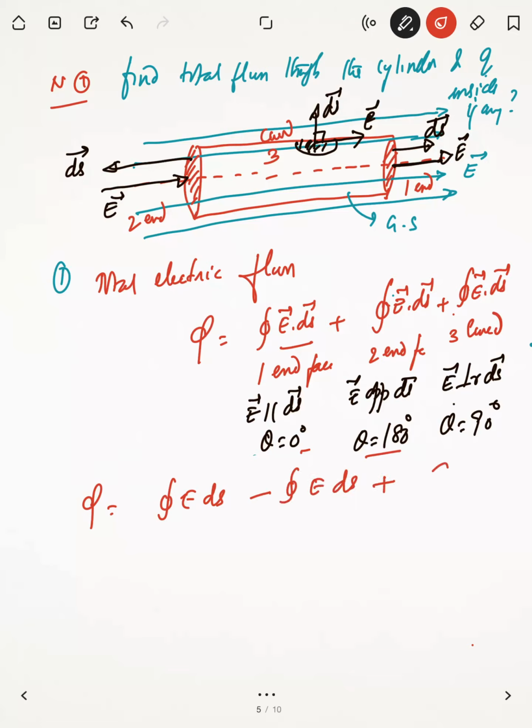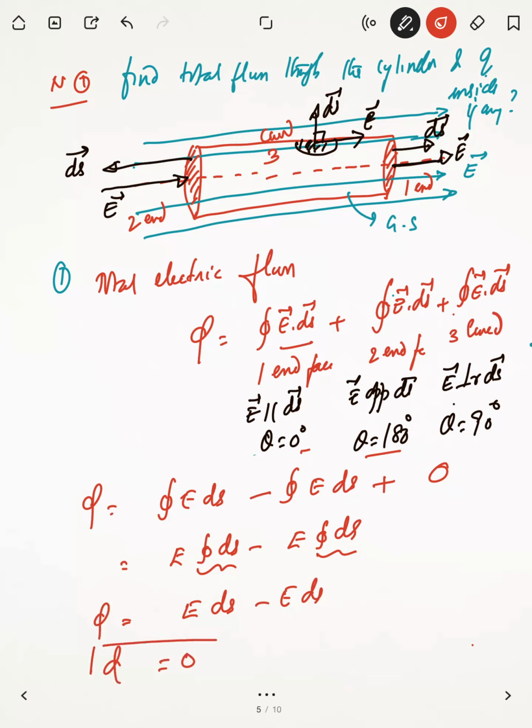And theta 90 degree, no flux through the curved surface. E is a constant field, it can be taken outside, and this is the total surface area of the end faces, that is we are taking ds itself. So E ds minus E ds, flux is equal to 0.